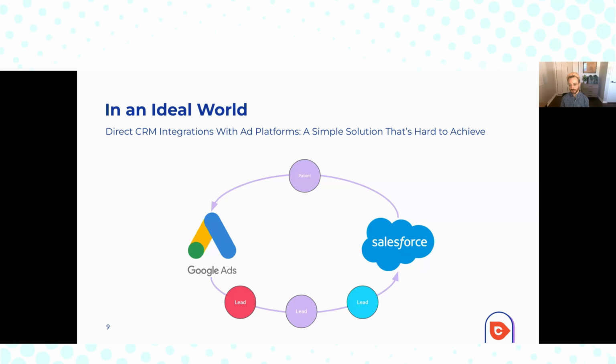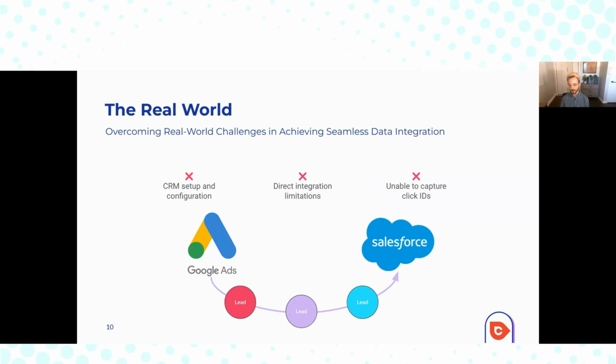Now, the issue is that as simple as it is to draw it out here in a diagram, it's very hard to achieve for lots of different reasons. So this is what the real world ends up looking like a lot of times: you're sending leads from your ad platform into your CRM, but you are not sending it back into the ad platform. That is due to any number of reasons around being able to capture the click ID.